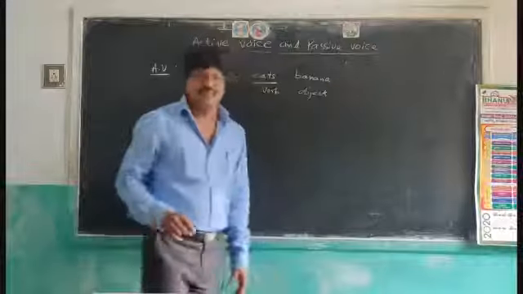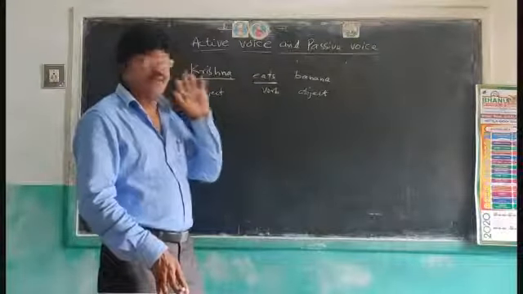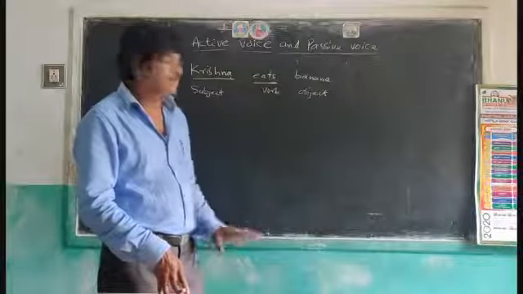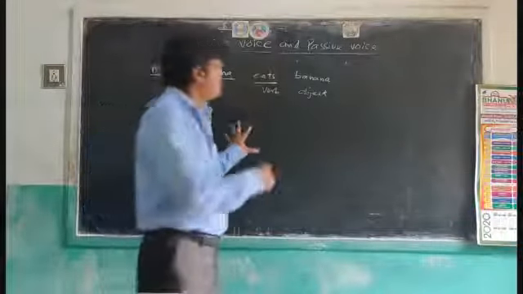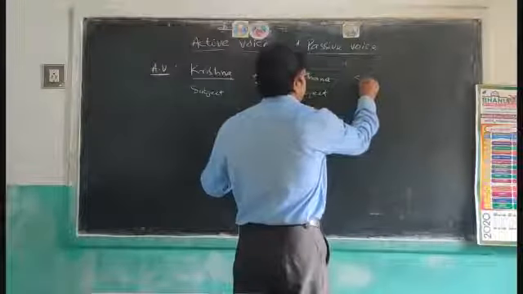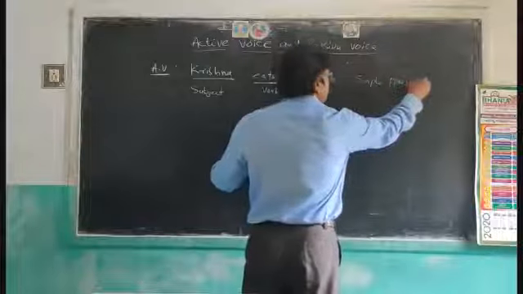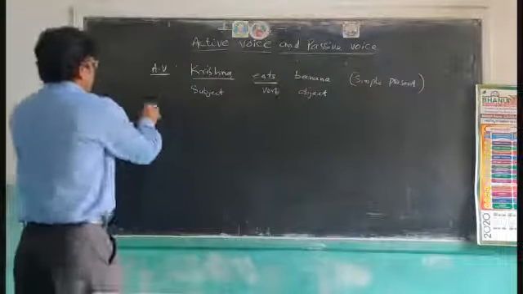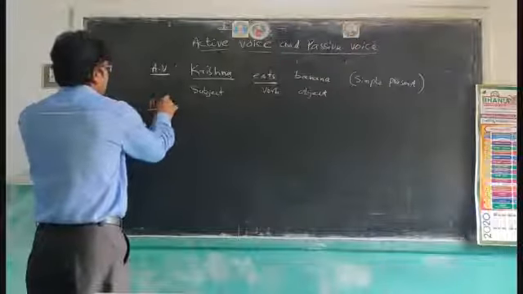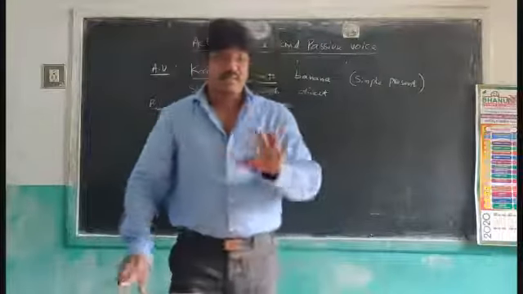Banana, object. First, observe the verb. It is in the V1 form, simple present tense form. So, this is simple present tense. So, change it to passive voice. To change to the passive voice, observe very closely.